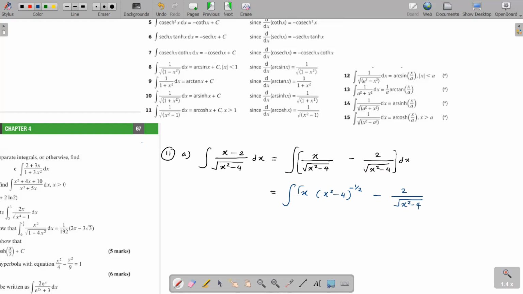Let's separate the integration, because it's better to have the integrals separately. So we'll integrate the two separately.